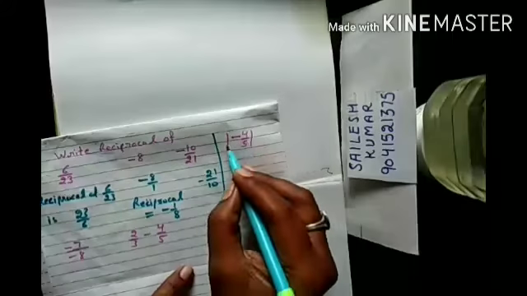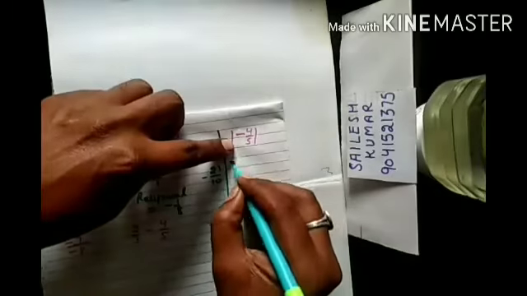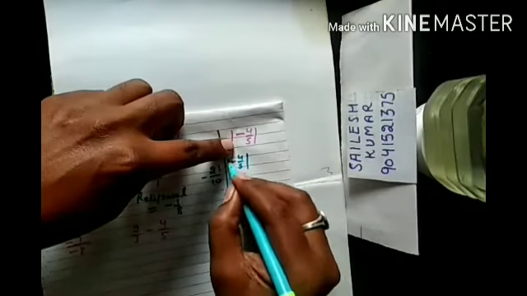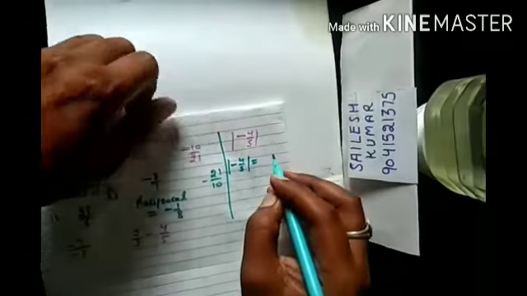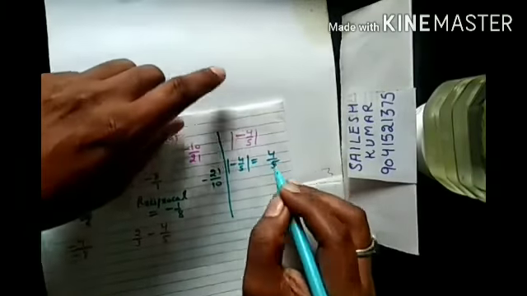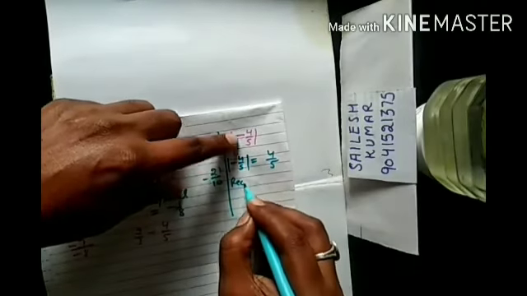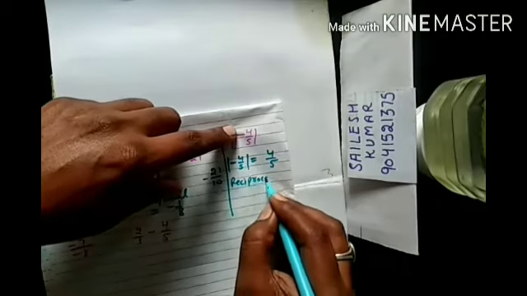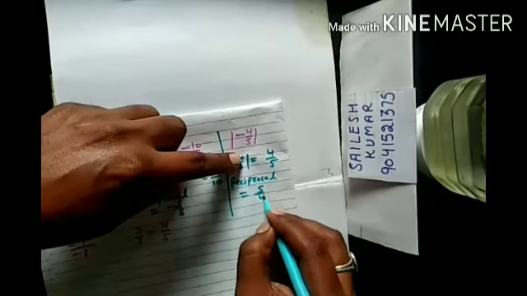You know that this is the symbol of the absolute value. Now the absolute value of minus 4 by 5 is 4 by 5. Now the reciprocal is equal to 5 by 4.